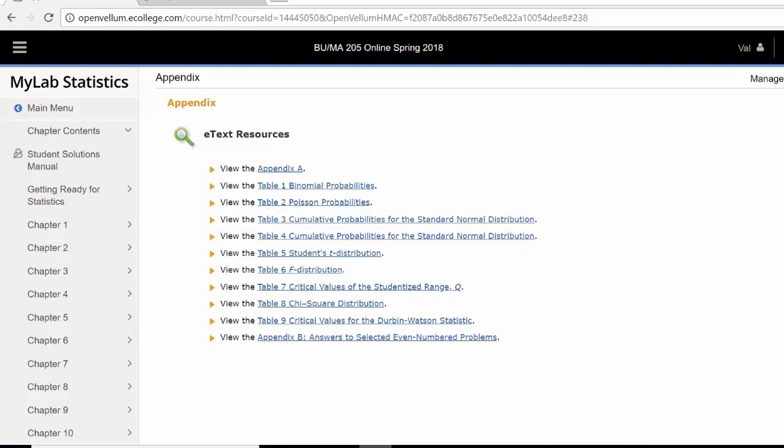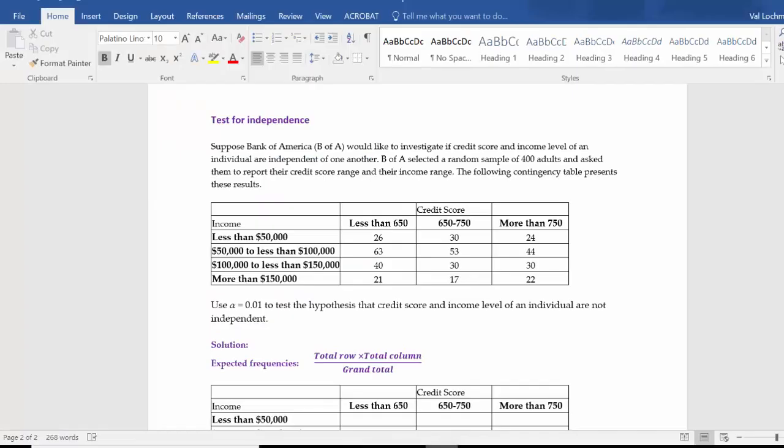Okay, let's go ahead and take a look at our problem and see how we can approach it. Suppose Bank of America would like to investigate if credit score and income level of an individual are independent of one another. So here we have this contingency table that tells us information about 400 adults, which is a nice big sample size, so we can definitely do some inferential statistics here. And for example, let's just pick one of the cells.